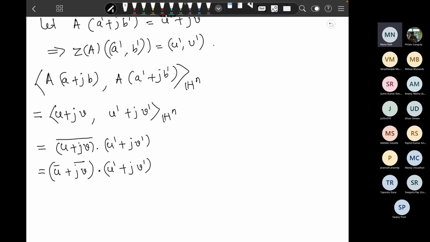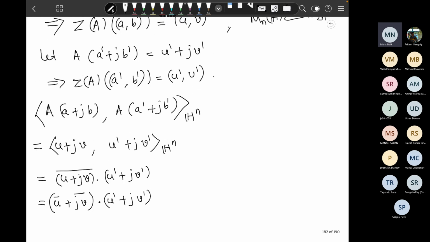Okay, so what is JB bar? Let B be equal to, say, (B1, B2, ..., Bn). So JB is equal to (JB1, JB2, ..., JBn). Now if you take the bar, we know that (PQ) bar is equal to Q bar P bar. I am using that.